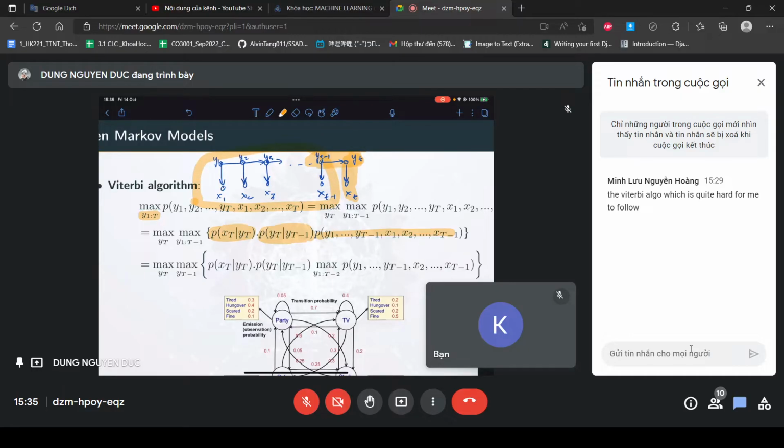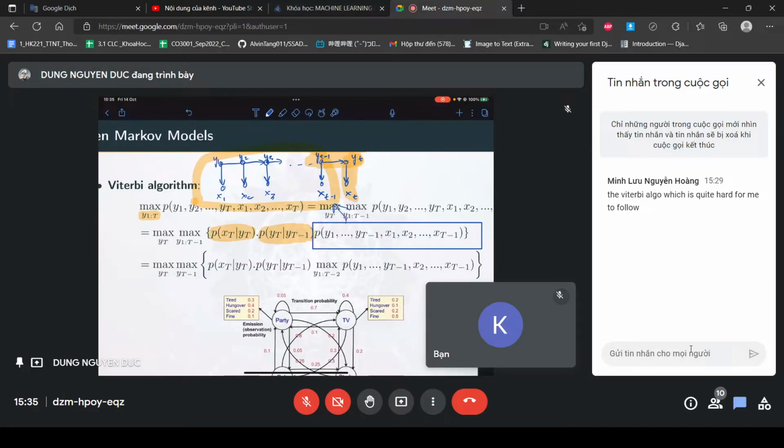So the probability of the whole thing you see is the one I highlight right here. That's the recursion.